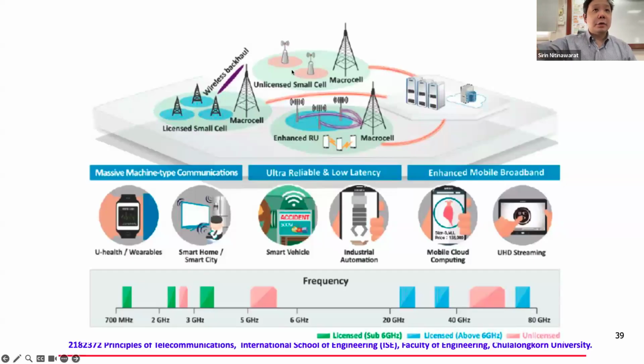We call it small cells. So here the idea is that you already have macro cell. If you want to improve traffic density or capacity, you employ these smaller cells inside the macro cell to boost the capacity. And of course, these smaller cells can use this new spectrum with very high frequency.